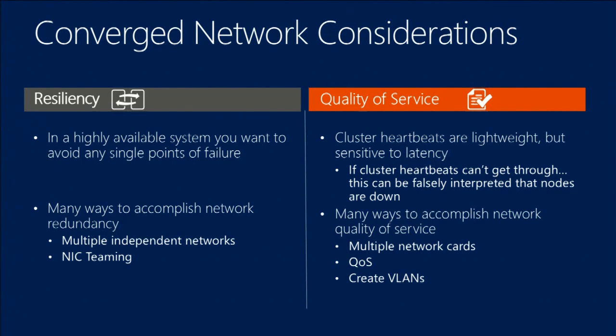If there is NIC teaming, the NIC teaming driver already has the load balancing built in. On the quality of service side, you may actually carve out VLANs, or in Windows Server 2012, the networking team introduced various QoS policies. So you may consider giving QoS policies as a way to ensure quality of service.